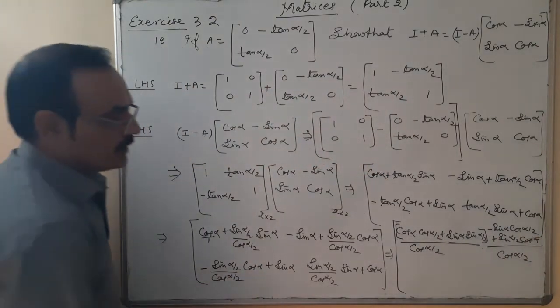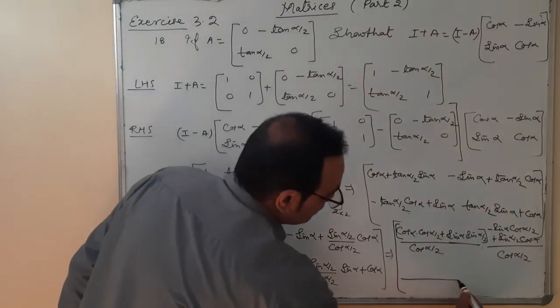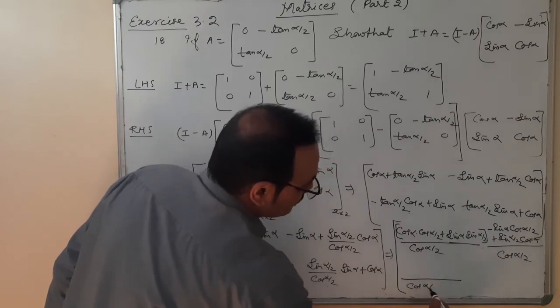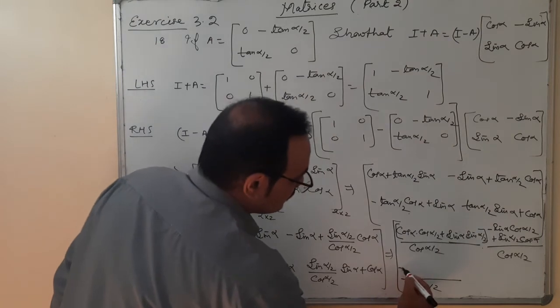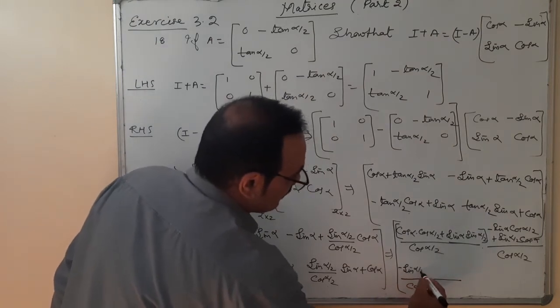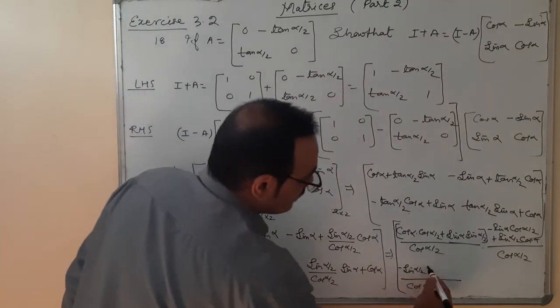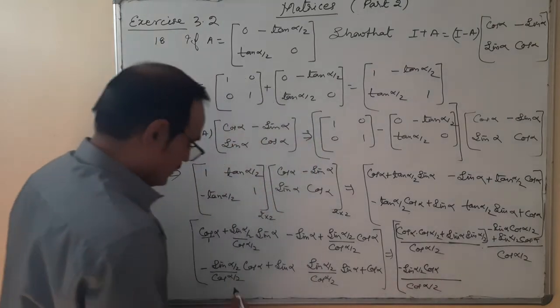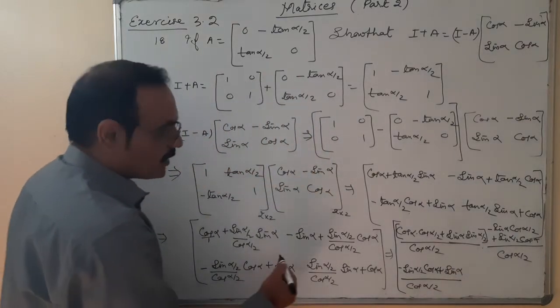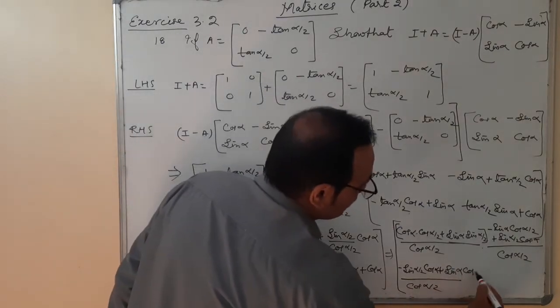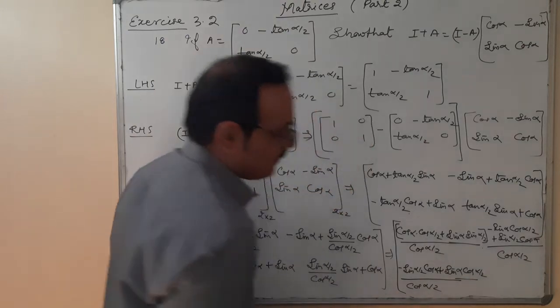Third term, LCM cos alpha by 2, minus sin alpha by 2 cos alpha, plus sin alpha and cos alpha by 2. Okay.